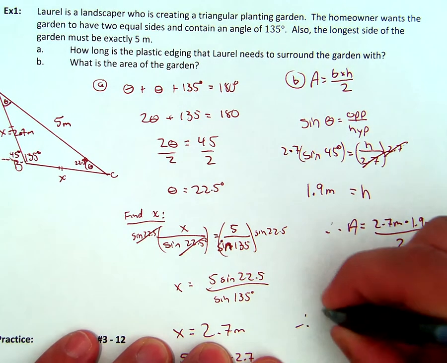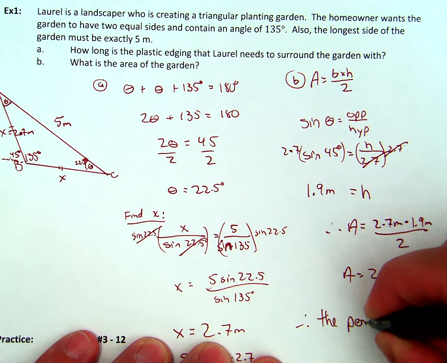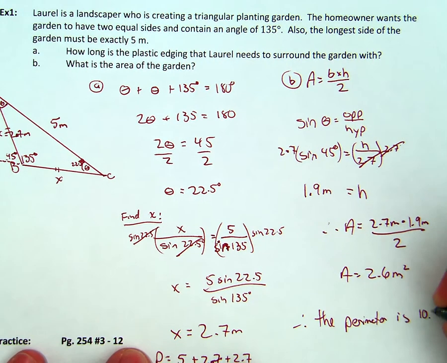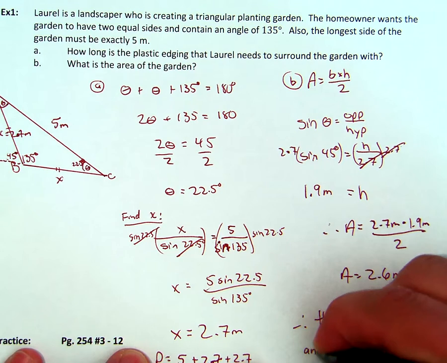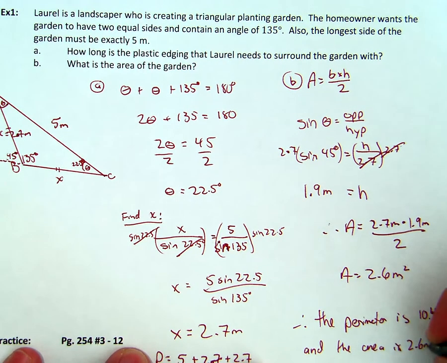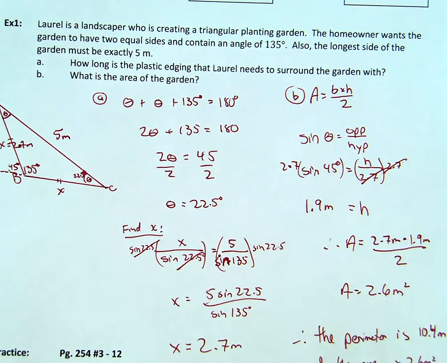So therefore, the perimeter is 10.4 meters, and the area is 2.6 meters squared. Okay, I hope that helps.